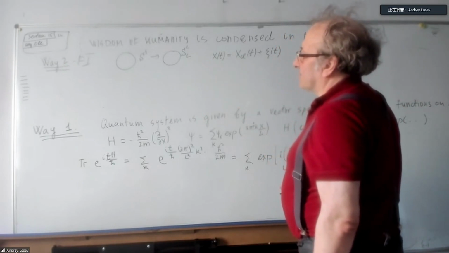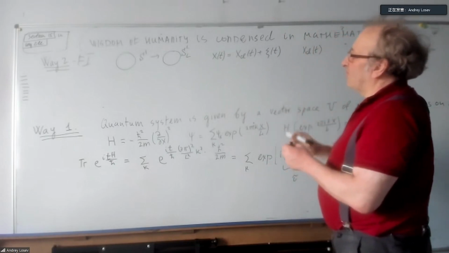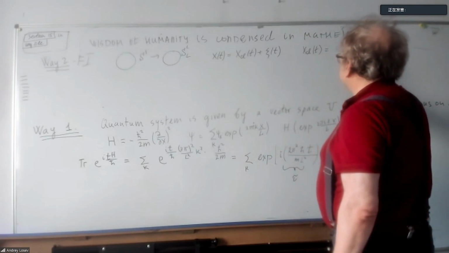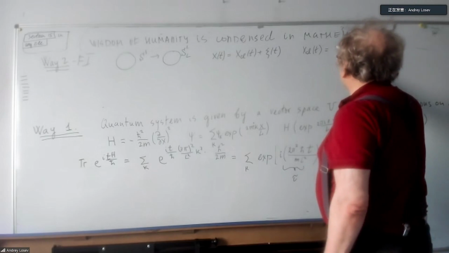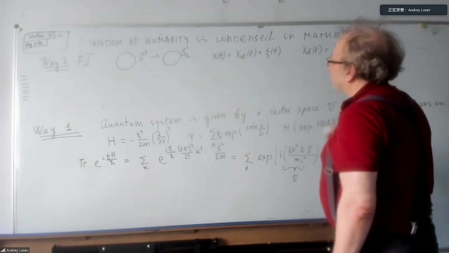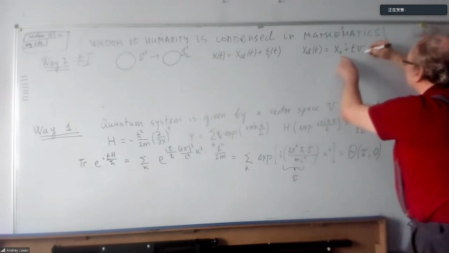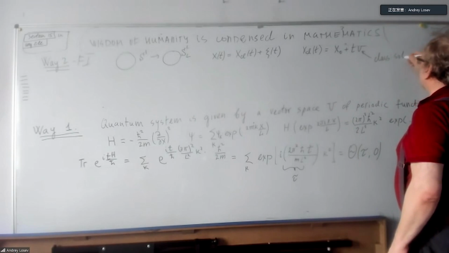And classical trajectory is trajectory where we move with the constant speed. It's, of course, trajectory of the form x naught plus t v. It's a classical solution.